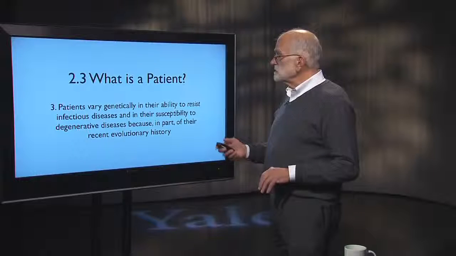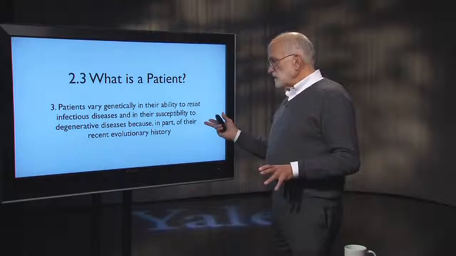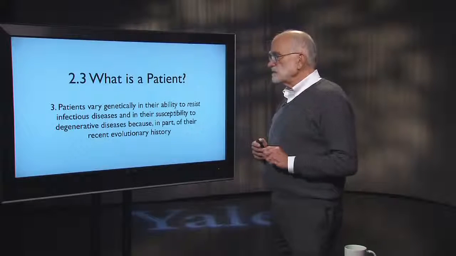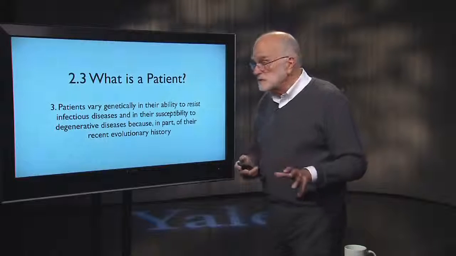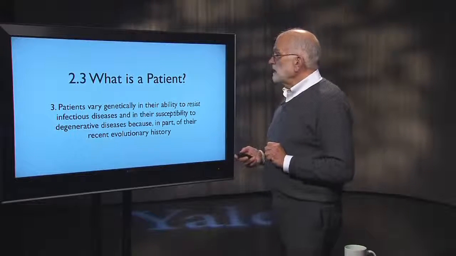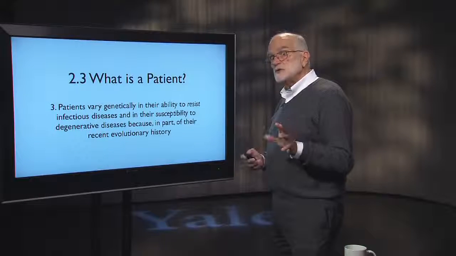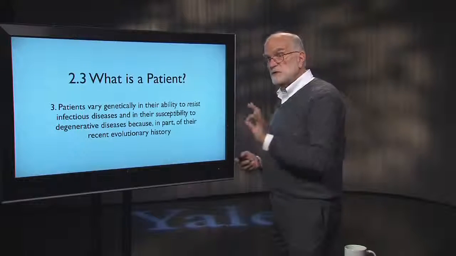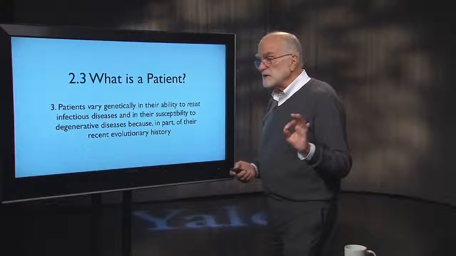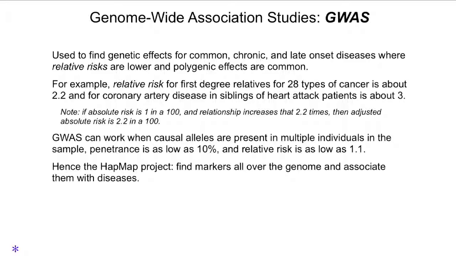That has consequences for our ability to resist infectious disease, for our susceptibility to degenerative disease, and in general, for the fact that each patient then becomes an individual. For coronary artery disease, if your brother has it, then you are about 3 times as likely to have it as some random person selected from the population. So thinking about risk is tricky.